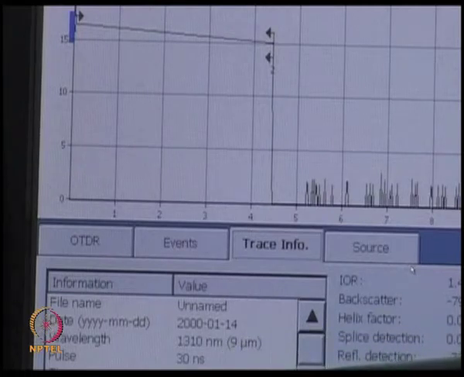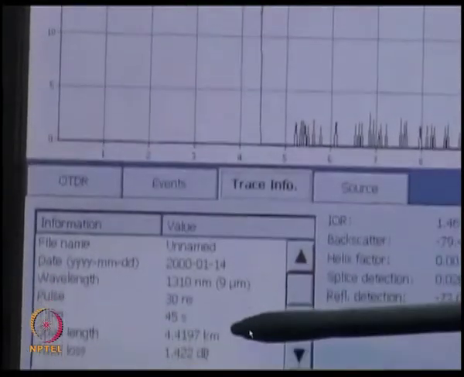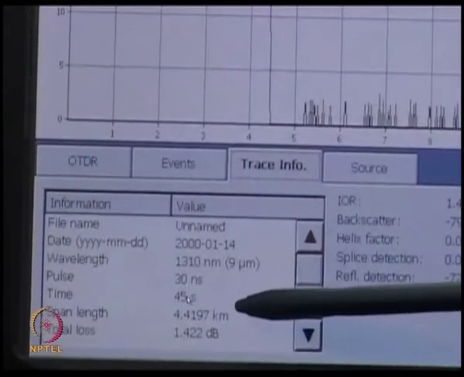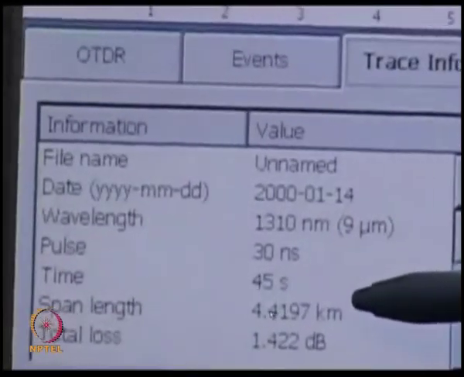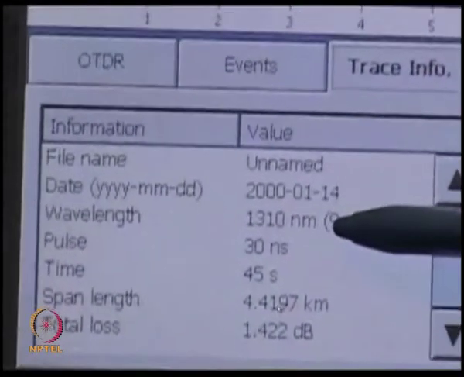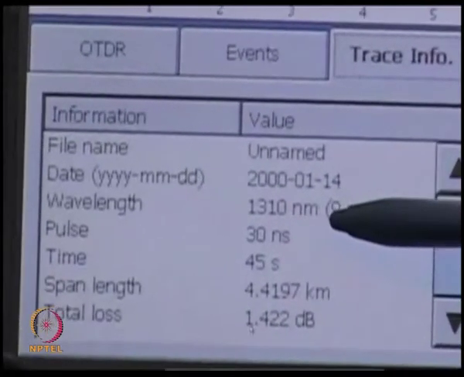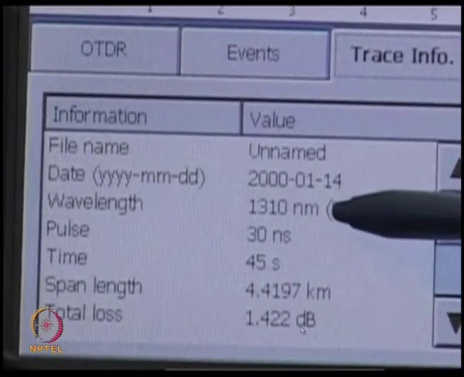So, these are the parameters which are used. The pulse width is 30 nanoseconds, the time taken is 45 seconds, the span length or the length of the fiber is 4.4 kilometers, and the total loss on the optical fiber is 1.42 dB.